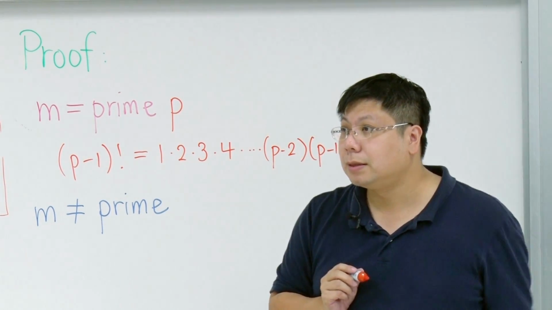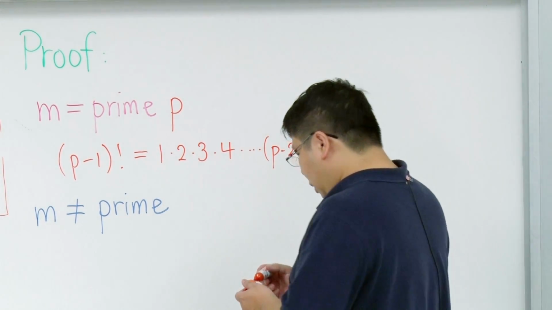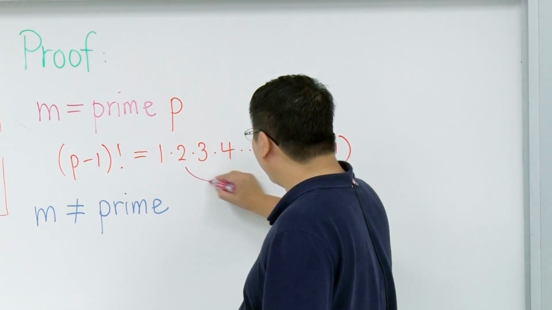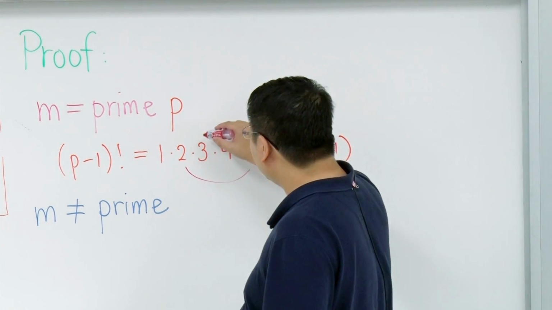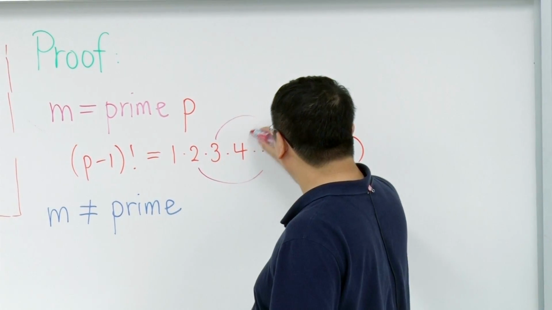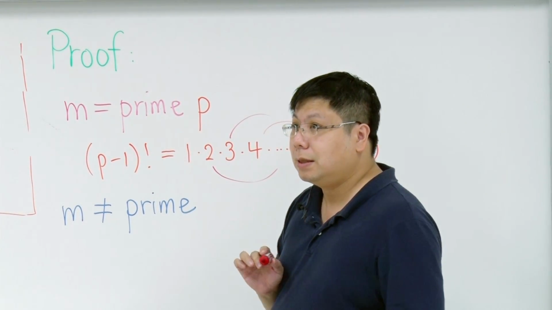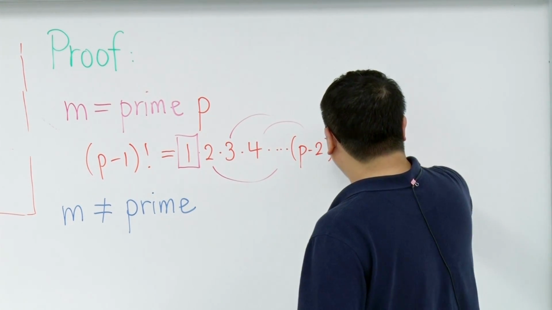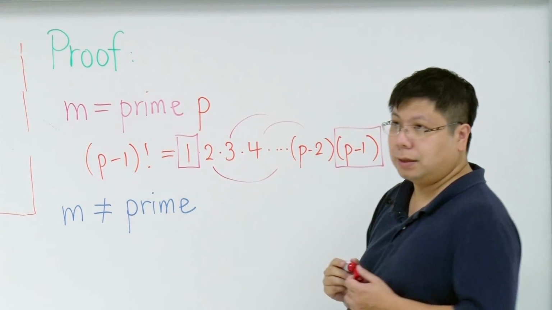Am I correct? Now, if you take modulo arithmetic, then you know that 2 forms a pair with some other number. 3 forms a pair with some other number. 4 forms a pair with some other number, right? Only 1 does not form a pair, and p minus 1 does not form a pair.